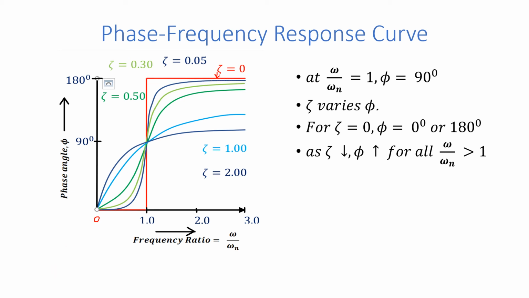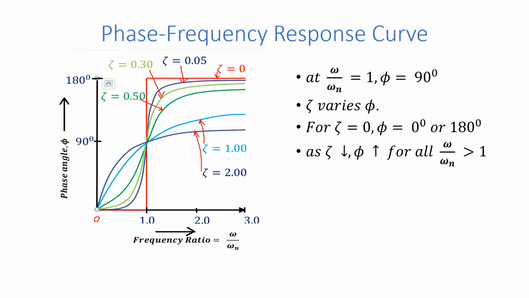Next, we have made different plots. Say this is for damping ratio 0.05. This light green is for 0.3. This dark green is for 0.5. Cyan color is for 1. And this dark blue color is for 2.